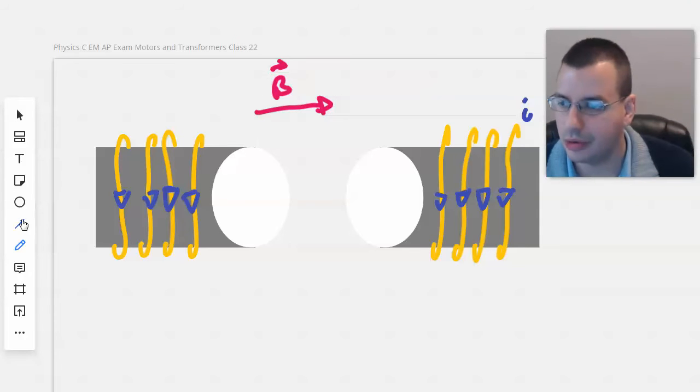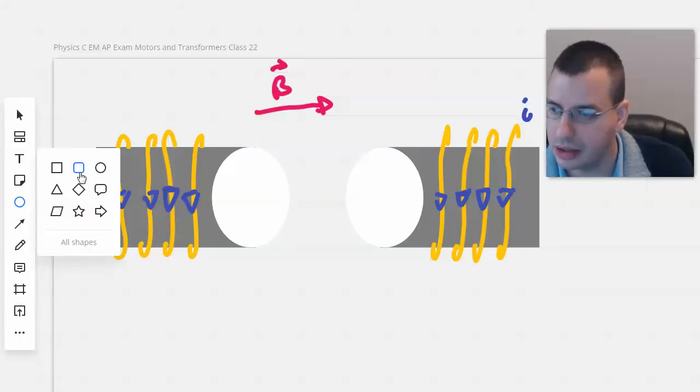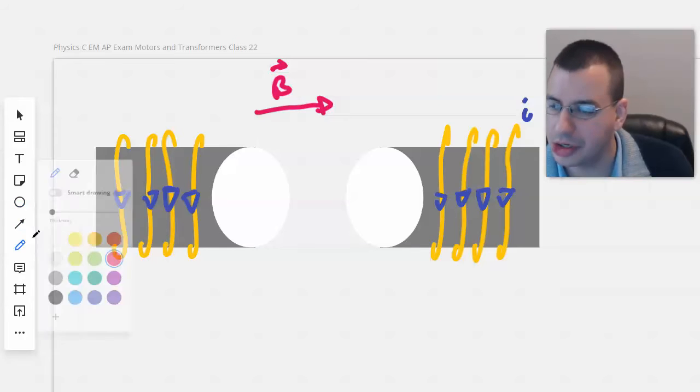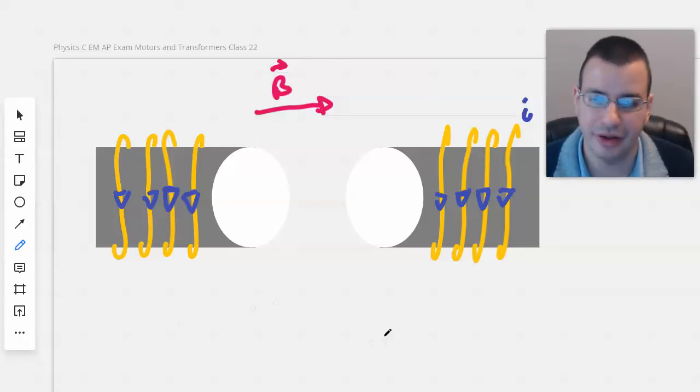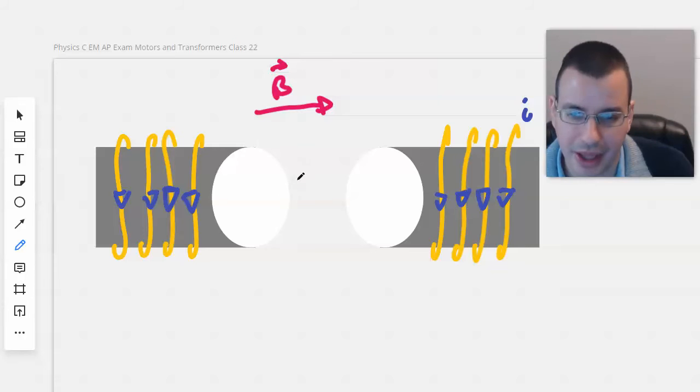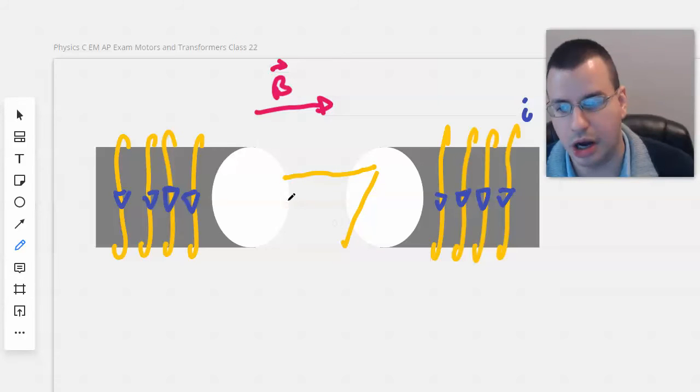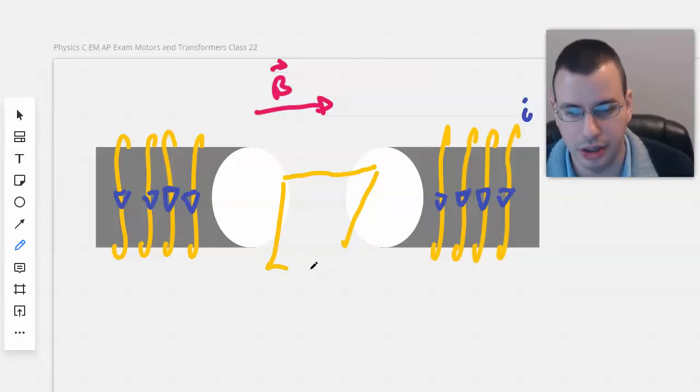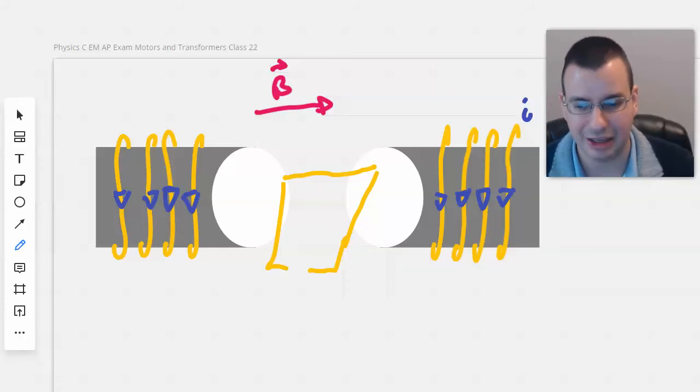And then I will draw a... There's probably a way I can do it with a square, but I'm not that talented. So I'm going to try and draw it like this. You have to forgive my artistic talents here, which are missing and lacking.